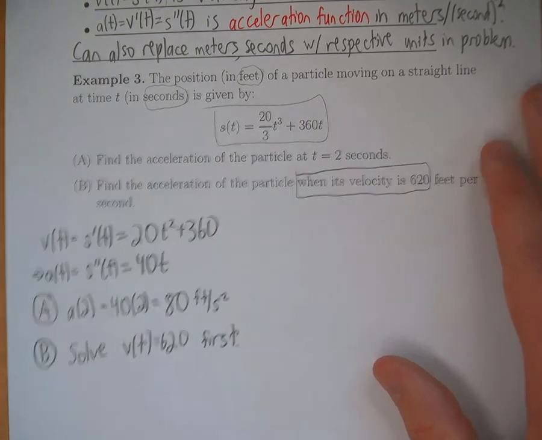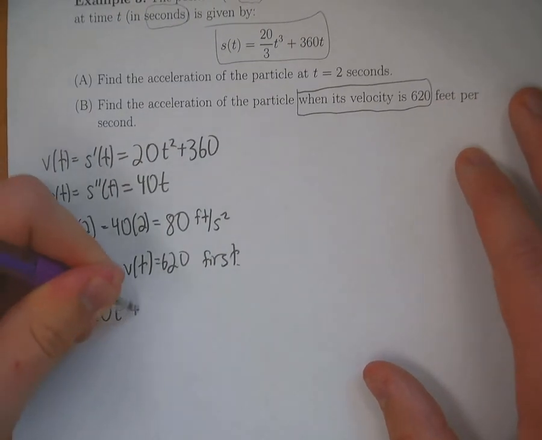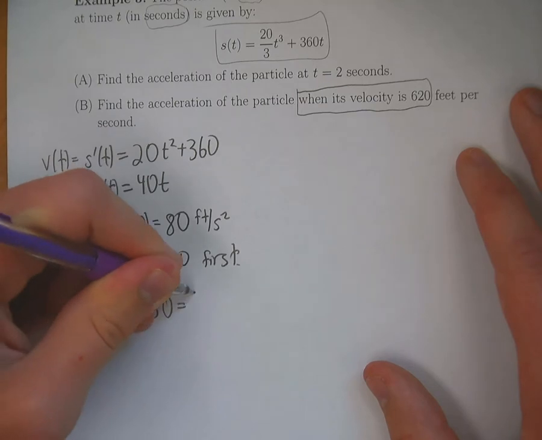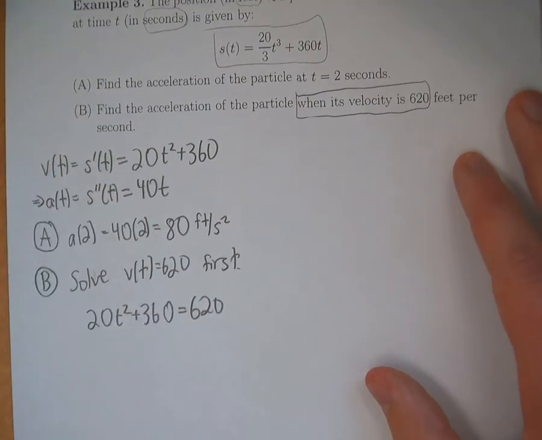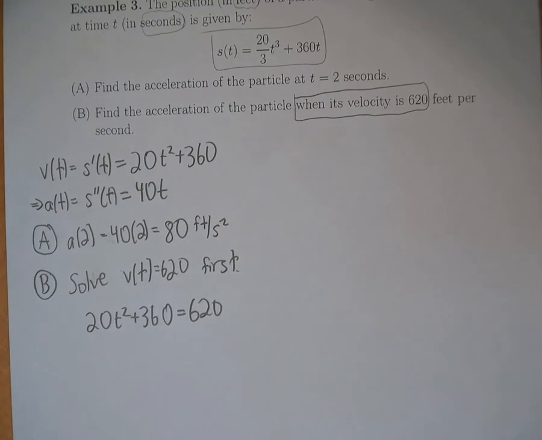Okay. So if we do that, we have 20t squared plus 360 equals 620. So if we solve for t in this case, what would our value of t equal here as an exact value?